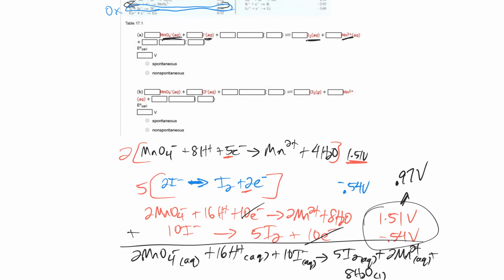Okay, now for the formatting bit. If you look up above, the first box is the box that they want you to put the coefficient in. Then either WebAssign gives you the formula followed by the state of matter in parentheses, or they'll give you a box in which to write it. So on the left side of the equation, we have a coefficient 2 in front of permanganate.